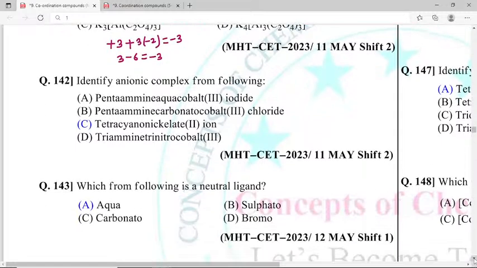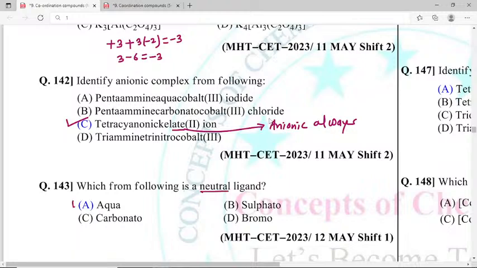Identify the anionic complex from the following. For an anionic complex, the name ends with ATE. If there is ATE, always remember, it is always an anionic complex. Which of the following is a neutral ligand?